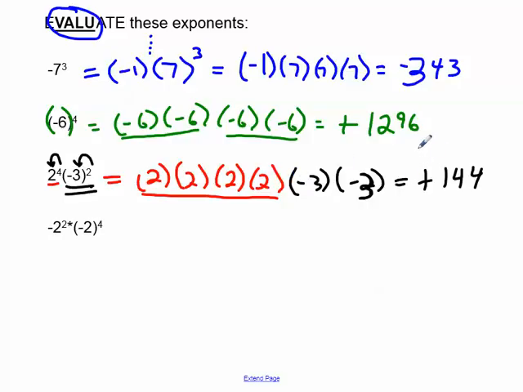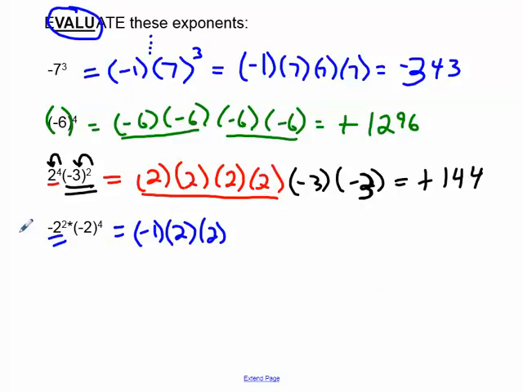Alright, the last one. I'm going to go back to blue and start here again, and evaluate that one. In this blue part, I've got a -1 sitting outside of my base. My base is 2, and the exponent of 2 tells me I'm multiplying my base by itself twice.